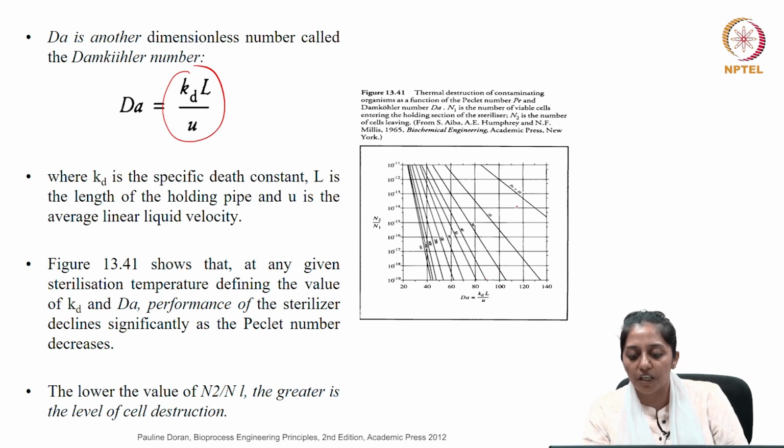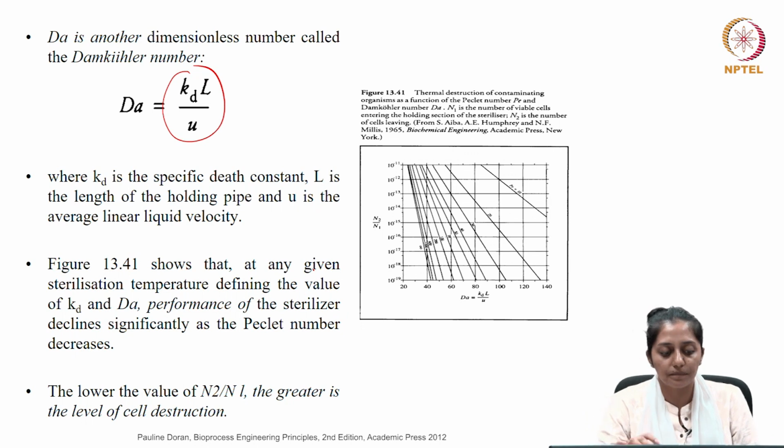So with the change in Peclet numbers, the thermal destruction as a ratio given here, N2 by N1 in the holding section, is being plotted against the Damköhler number, where N2 is the number of cells leaving the holding section, and N1 is the number of viable cells entering the holding section of the sterilizer.